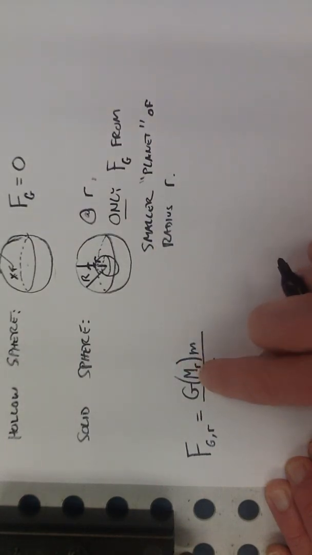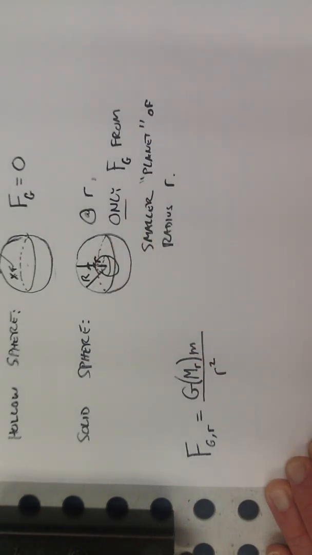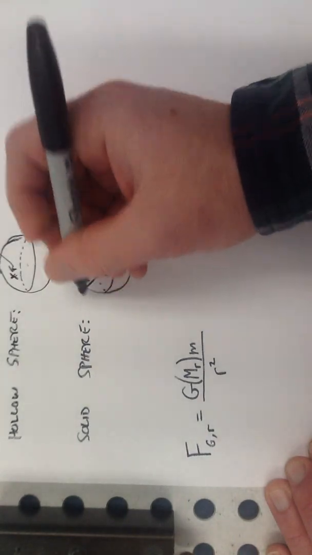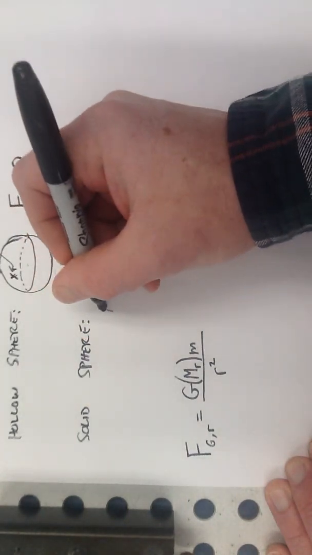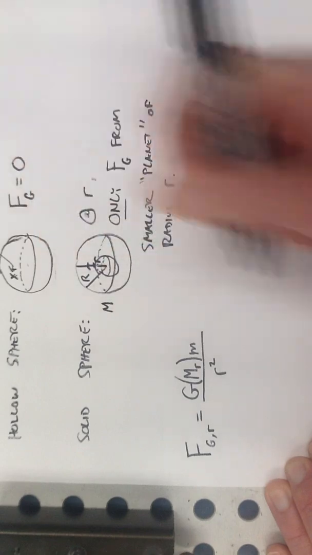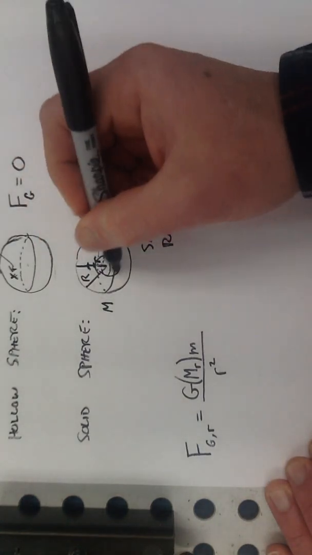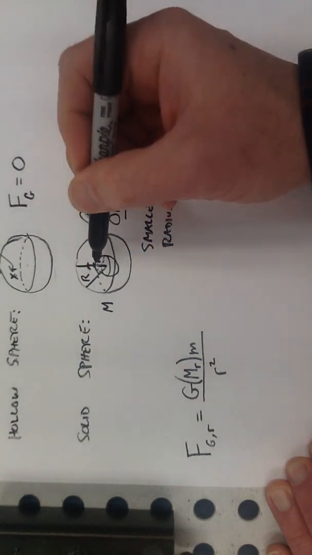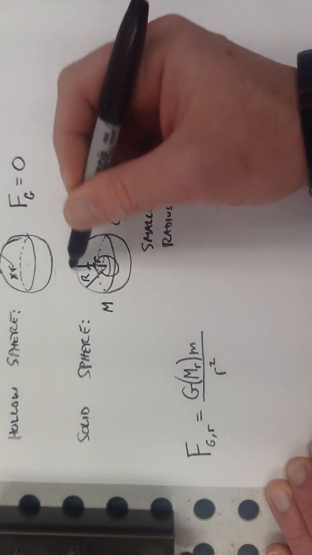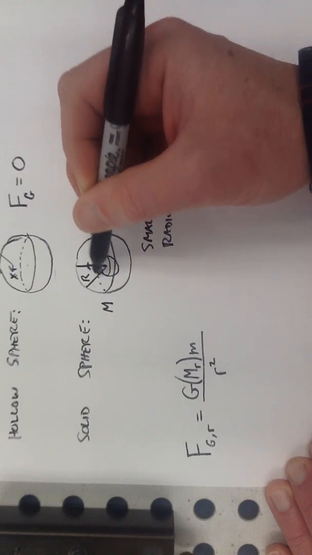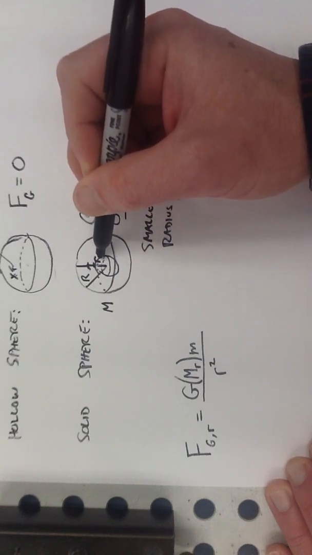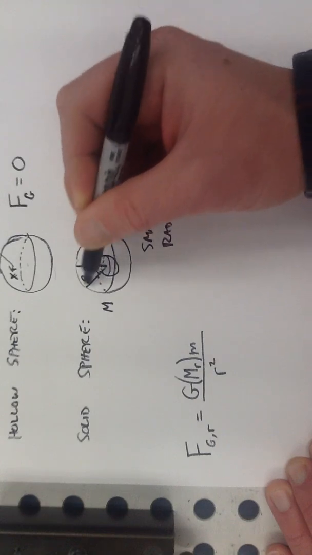Now, is it possible to figure out what the mass of that planet is relative to the mass of the whole big thing, which we'll say the whole big sphere has a mass of big M? If you remember from geometry, if you have three-dimensional figures, the ratio of the volumes of them is proportional to the cube of any linear measurement.